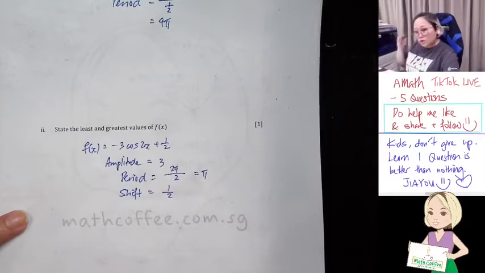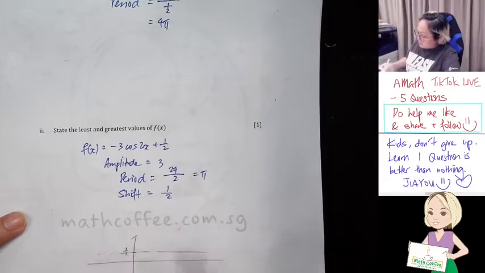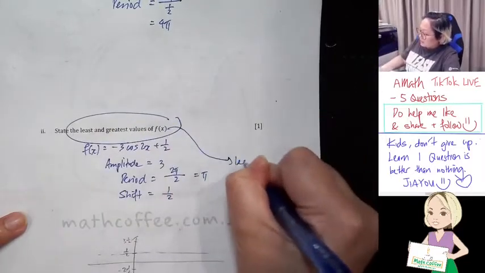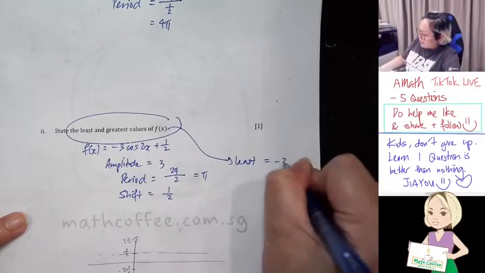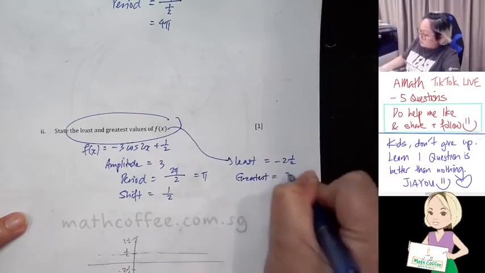So you roughly know that I will have a half horizontal line. My amplitude is 3, so half plus 3 gives 3.5. Half minus 3 gives negative 2.5. So the maximum is 3.5 and the minimum is minus 2.5. Agree? So the least is minus 2.5 and the greatest is 3.5.